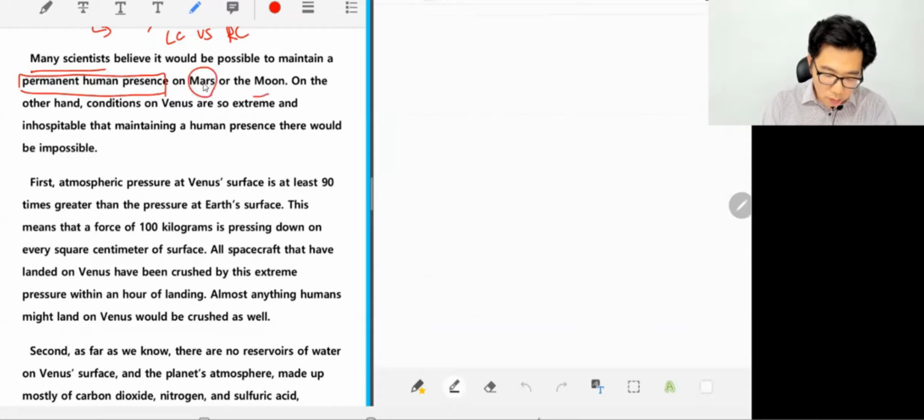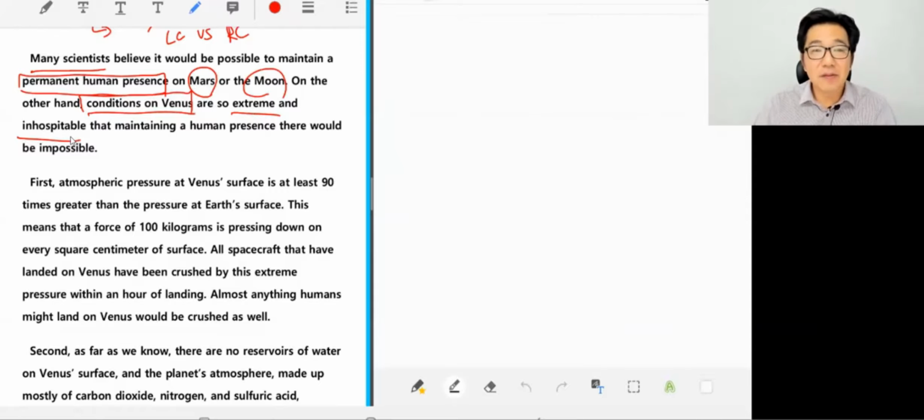On Mars or Moon, okay? On the other hand, conditions on Venus, not Mars or Moons. What about conditions on Venus? They are so extreme and inhospitable, so you cannot live there. You cannot bear it, very extreme.